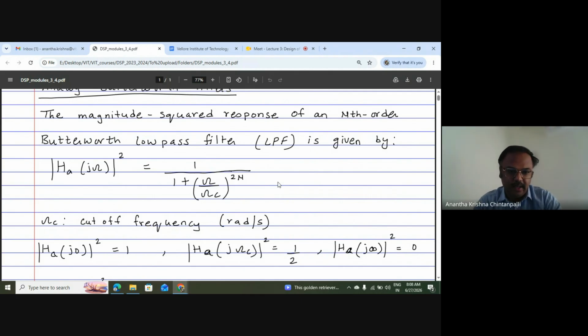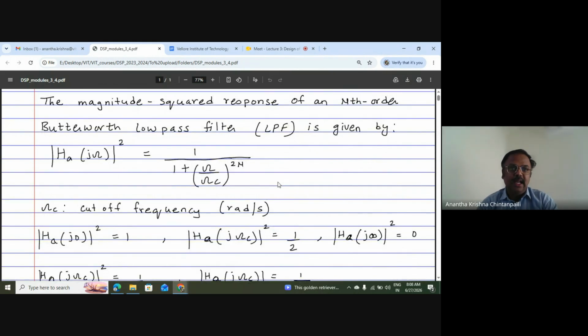Let's analyze this magnitude square response by putting in different values of continuous Ω and see whether this looks like a low pass filter shape. If I put Ω equal to 0, the magnitude square response is going to be 1.